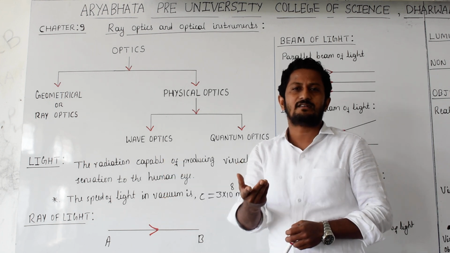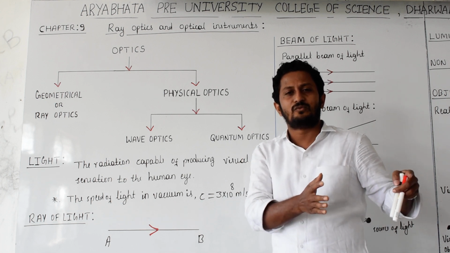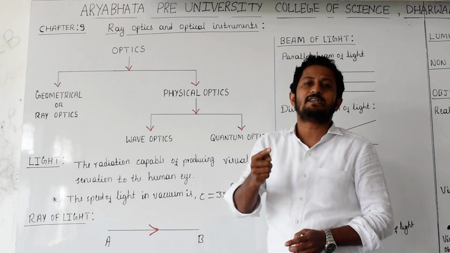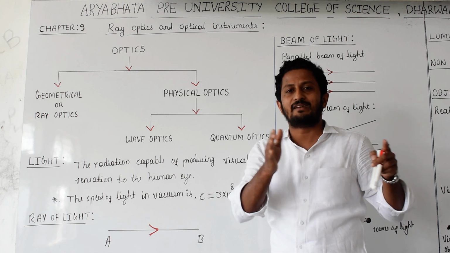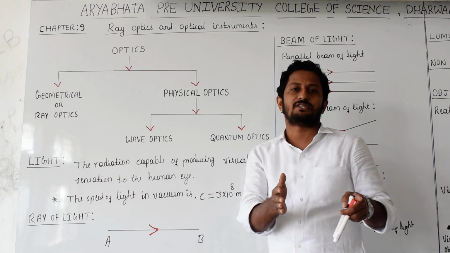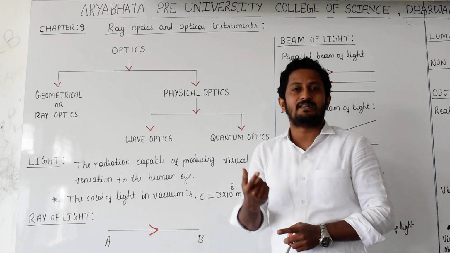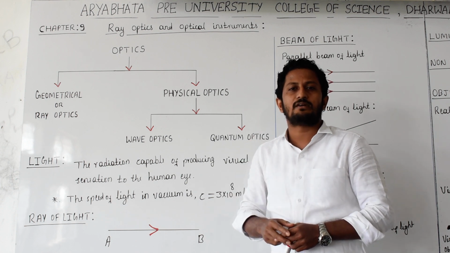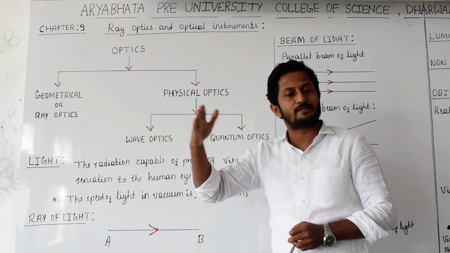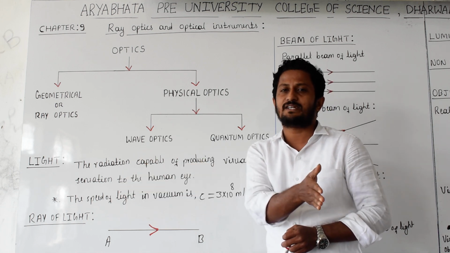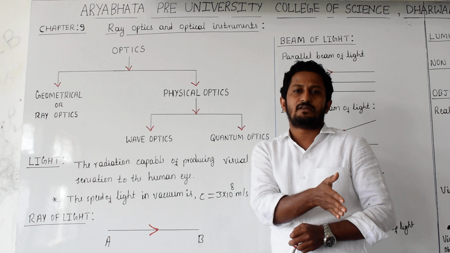To explain other phenomena, we treat light as a wave, that is, light executing wave nature. Finally, we can say light exhibits two natures, particle and wave.